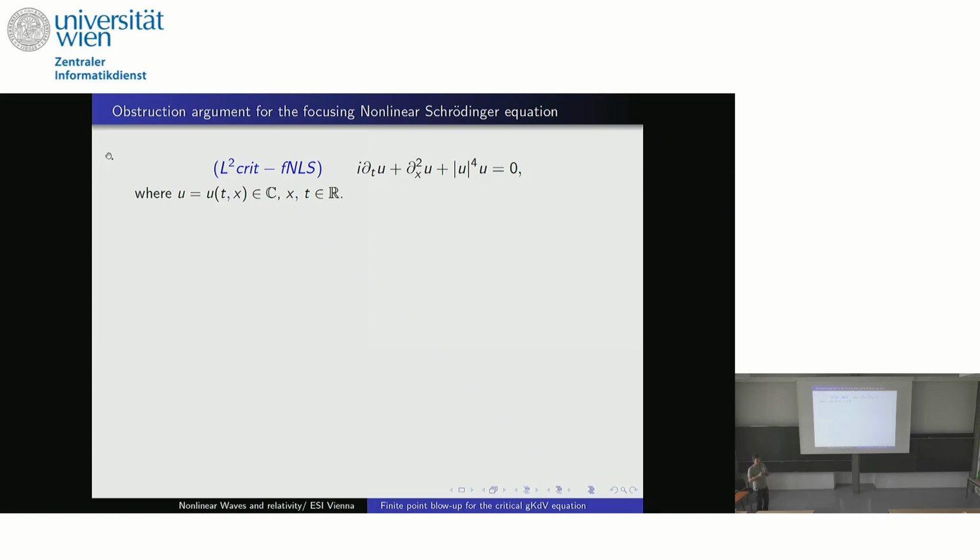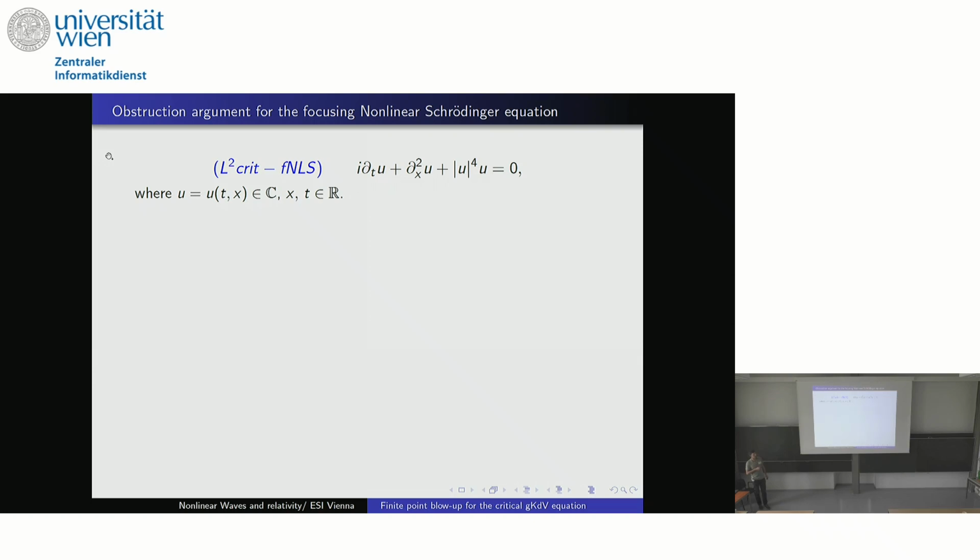Okay, so since we are at the Schrödinger Institute, I also have to talk, even if this morning we had a lot of talks on Schrödinger, but this will be very, very basic. Just a digression on the L2 critical focusing nonlinear Schrödinger equation in 1D. Okay, this is this equation. The only difference here is that U is a complex valued function, so you have a system.